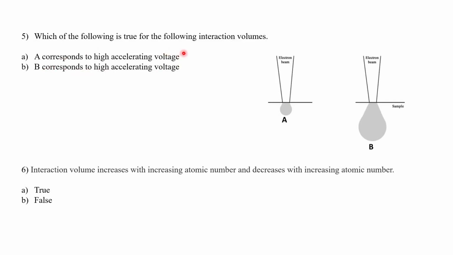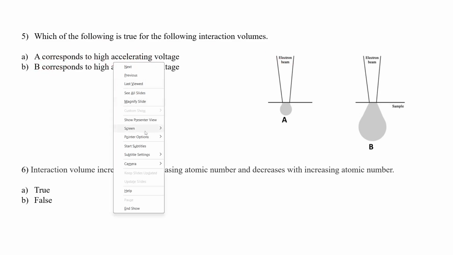Which of the following is true for the following interaction volumes? Here we have two interaction volumes. The first one has a very low interaction volume and the second one has a very high interaction volume. So does A correspond to high accelerating voltage, or B?